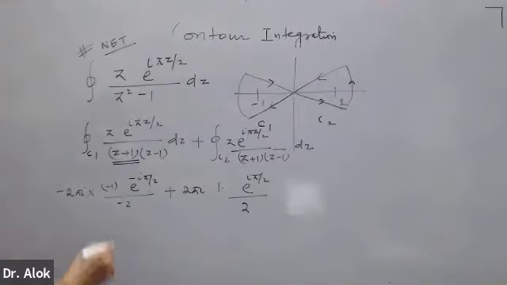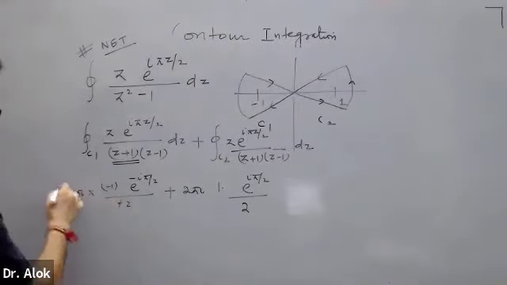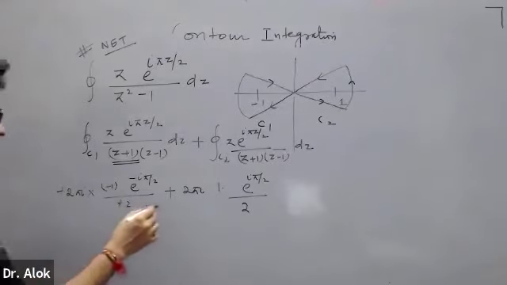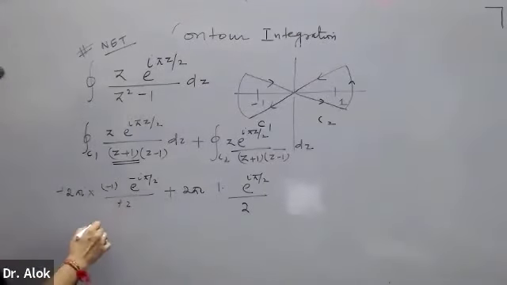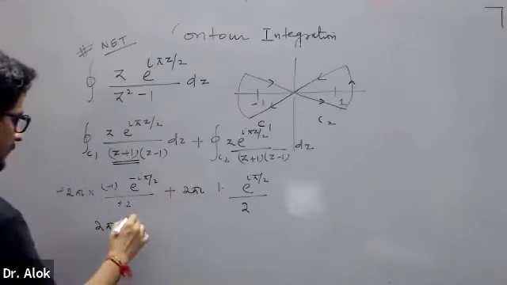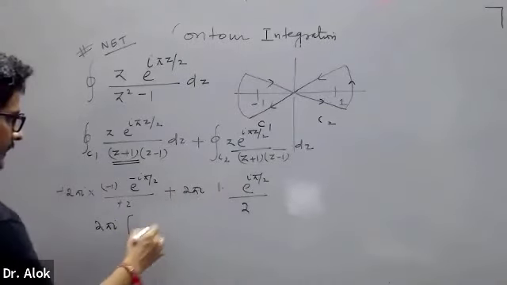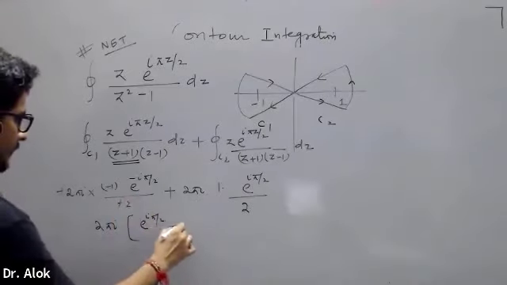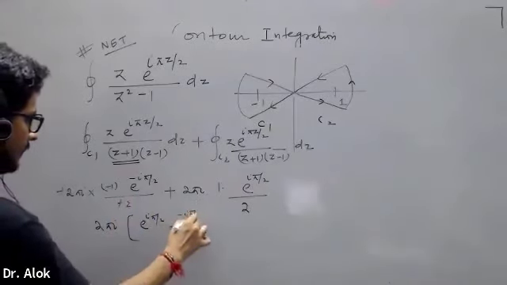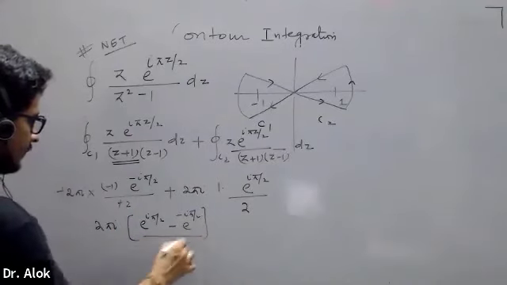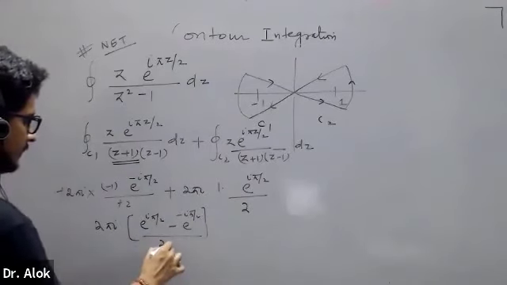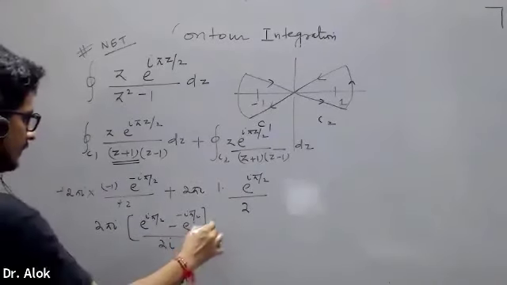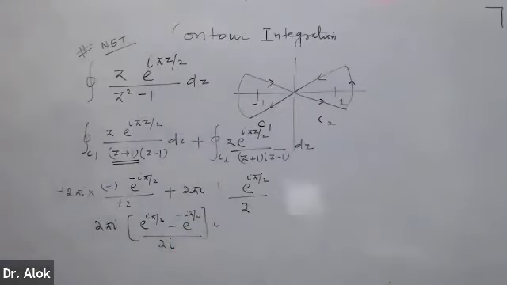So this and this will be cancelled and 2 pi I can be taken common and this will become e to the power I pi by 2 minus e to the power minus I pi by 2 upon 2 times iota. Can we do this?